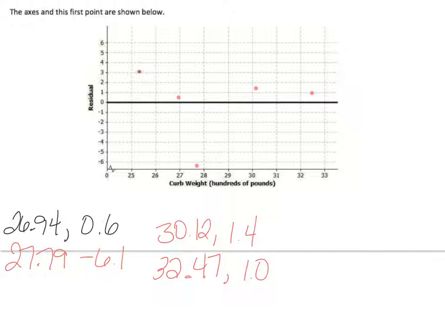Now let's talk about that. The next question says, how does the pattern of the points in the residual plot relate to the pattern in the original scatter plot? Looking at the original scatter plot, could you have known what the pattern of the residual plot would be? In the scatter plot, the first point was pretty far away, and that third point was pretty far away. We talked about it before we moved on, right? So that's a really large positive residual and negative residual.